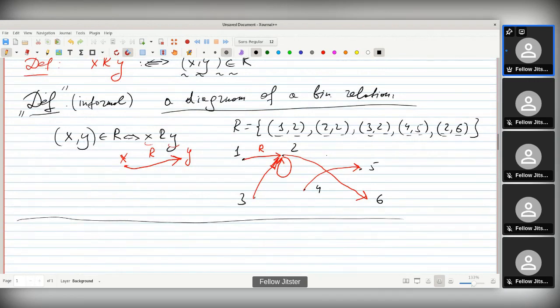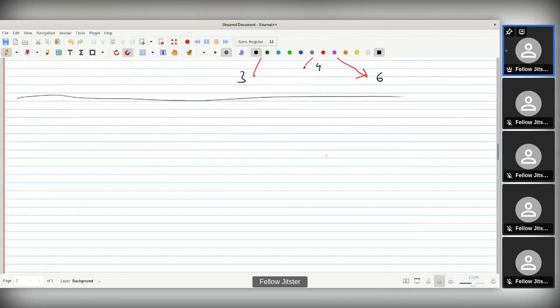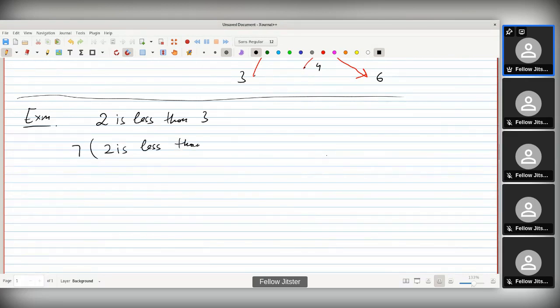As an example of an infinite binary relation, let us consider the relation less than. Assume that we are familiar with the binary predicate less than on the set of naturals. We know that, say, 2 is less than 3. But it is not the case that 2 is less than 2. Do you agree?